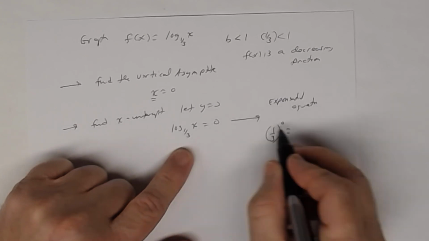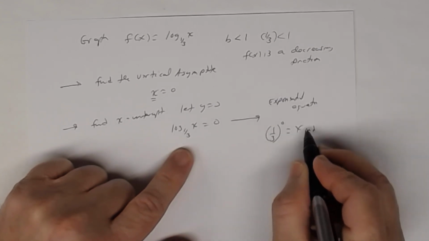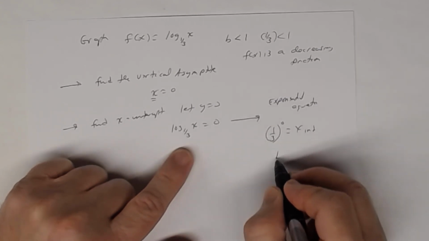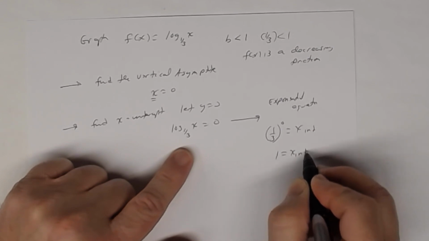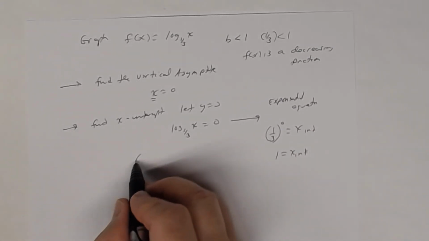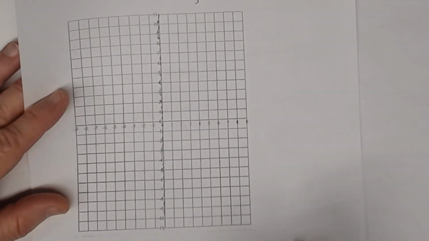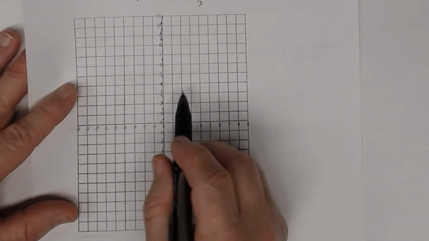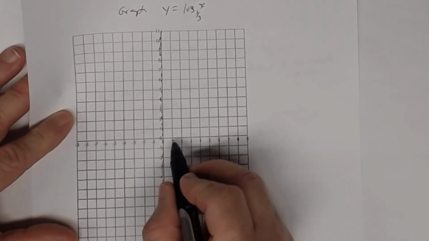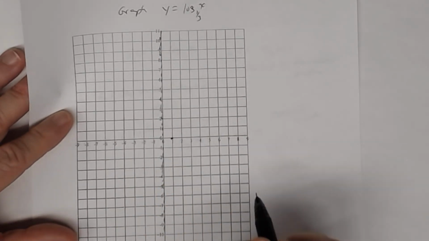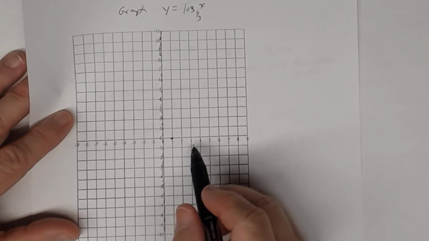And that's going to equal the argument, which is x. So 1/3 to the 0, which is 1, is equal to the x-intercept. So the x-intercept is 1. So it's going to be (1, 0). So I know that the log function here is going to cross the x-axis at 1. Okay? And then I need another point.